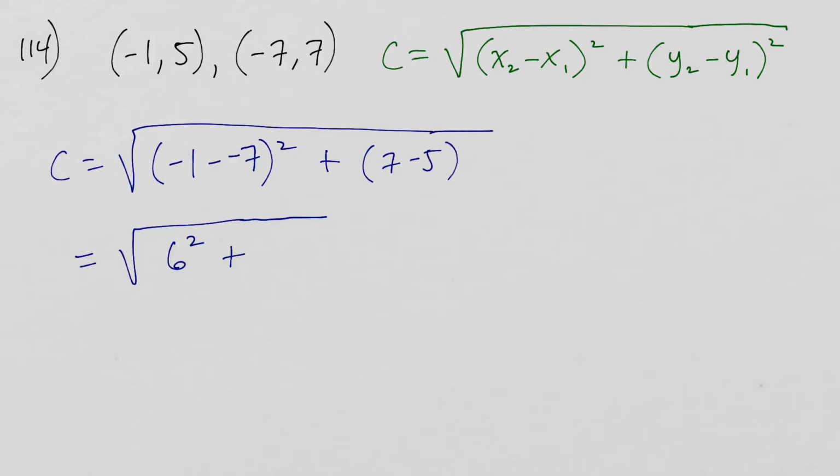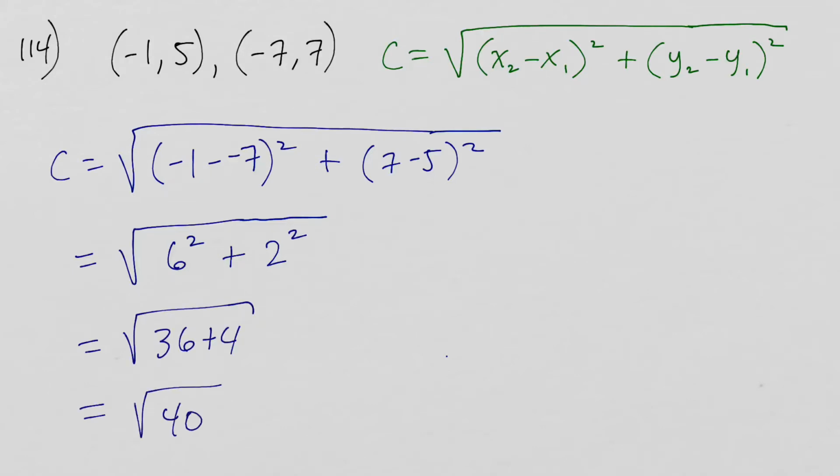I could have done 5 minus 7. It's okay either way, which is a 2. And this is going to turn into the square root of 36 plus 4, which is the square root of 40. So I'll write this as the square root of 4 times 10. And I can take out the 4, and that becomes a 2.